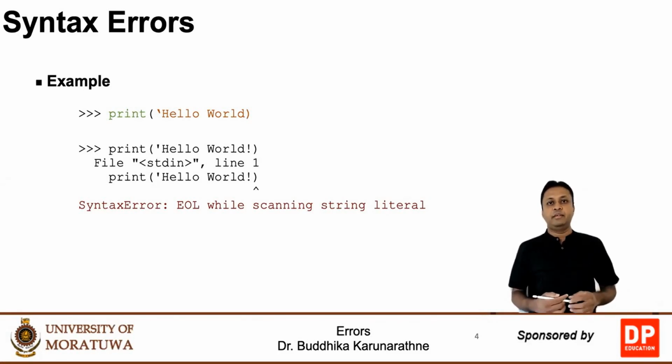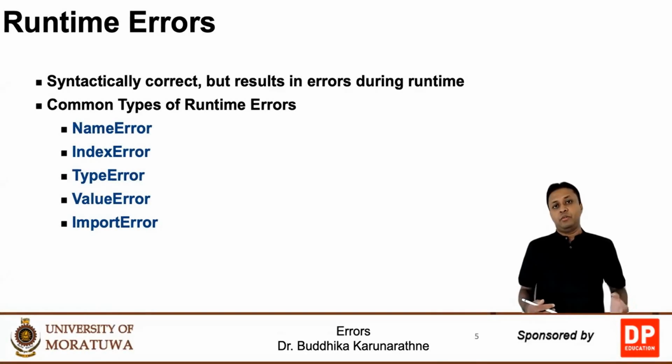We were trying to print a string value and Python was expecting single or double quotation marks. But we mistakenly had one quotation symbol missing at the end of the line. Because of that, Python is complaining about a syntax error. Now we have some idea of what a syntax error is.